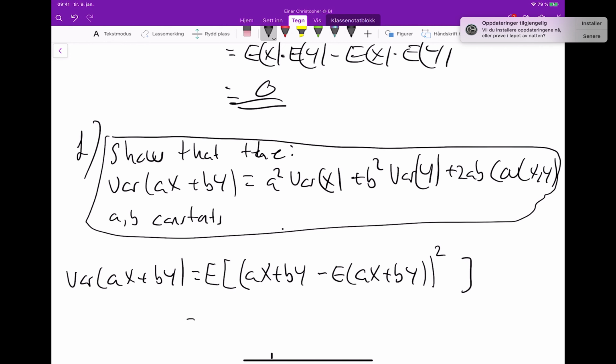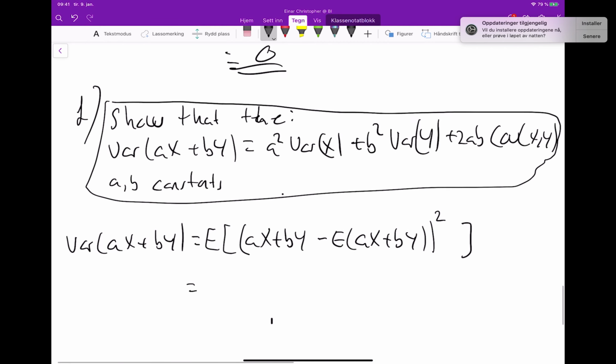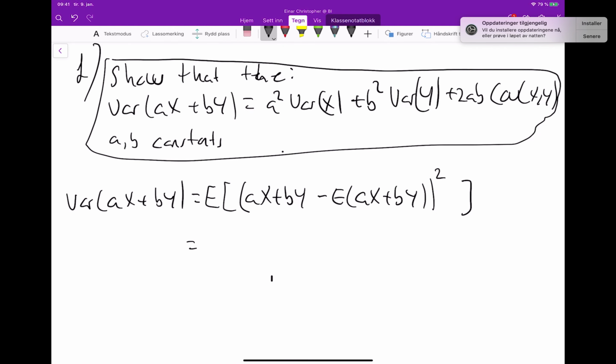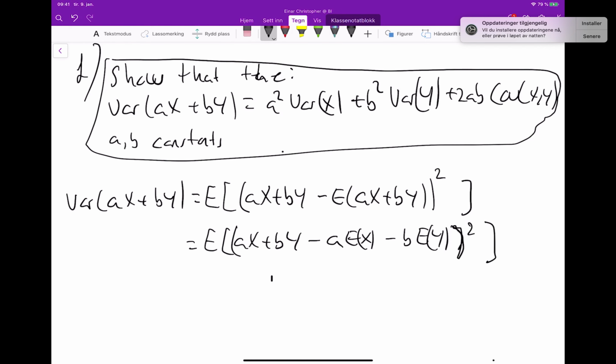First I can take this inner expectation and fix that one. So we get ax plus by minus a expectation of x minus b expectation of y, and everything here to the power of 2.